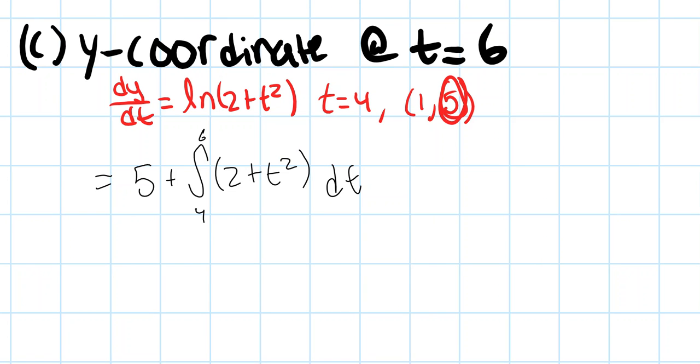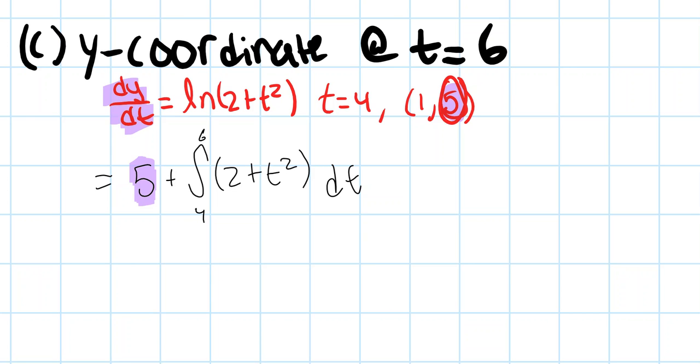To clarify what we've done, we've taken the condition of our starting point at time t equals 4, which is 5, and that's what we're starting with. Then we're adding the change in our y value, dy/dt.